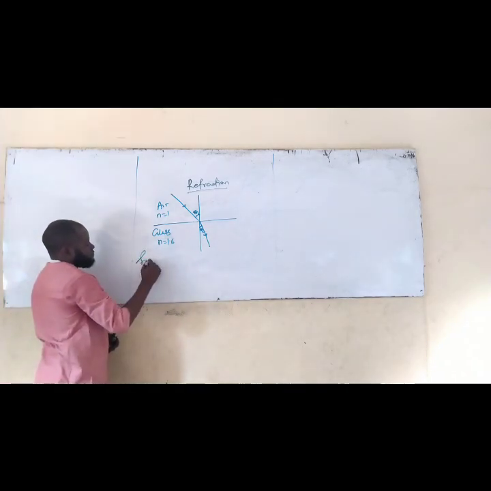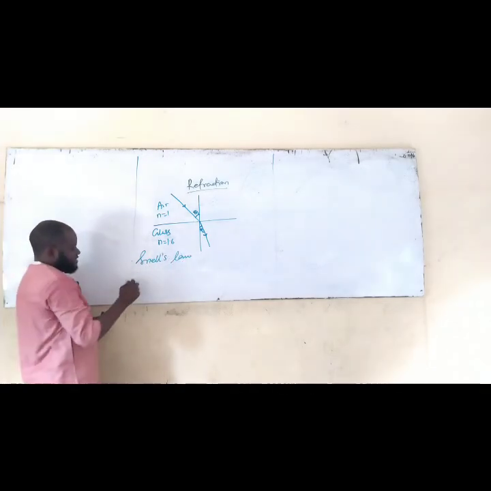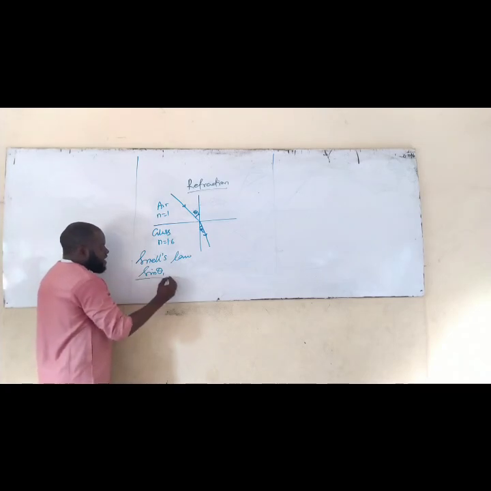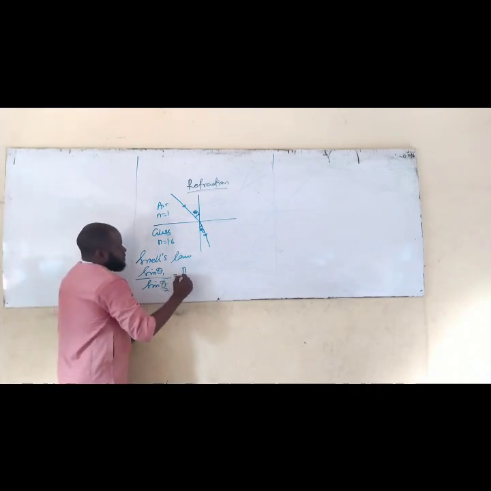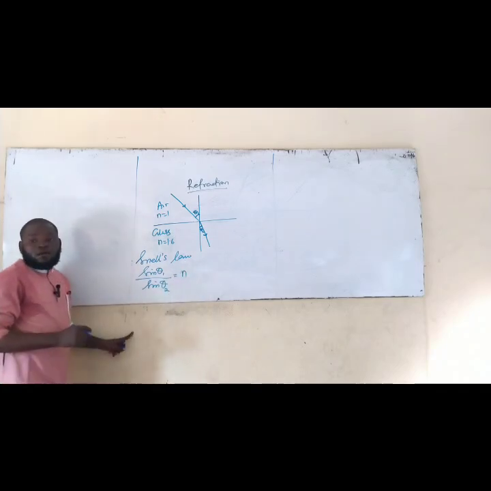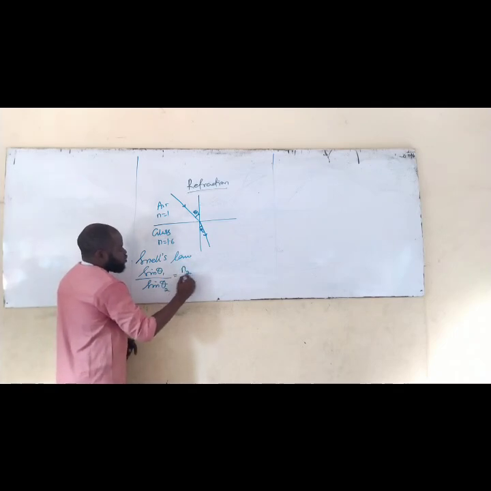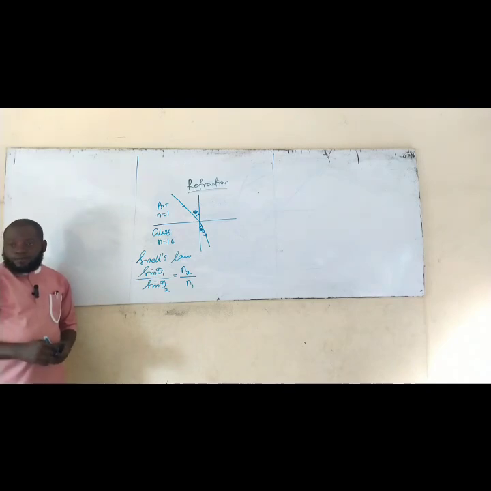Snell's law states that the sine of angle of incidence divided by the sine of angle of refraction is equal to the ratio of the refractive index, N2 over N1. Are you seeing this now?